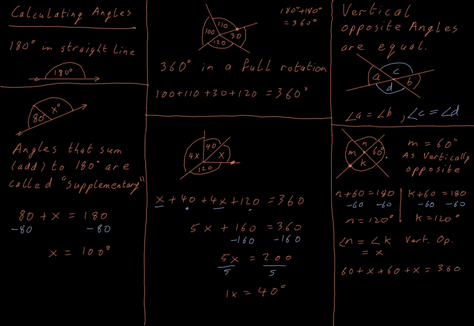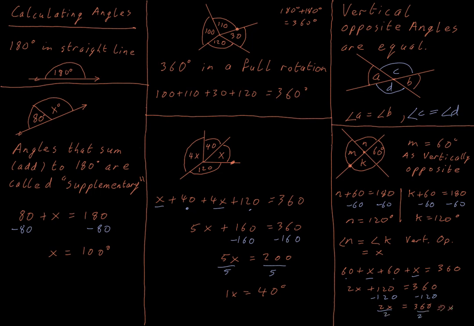So we add up our like terms, and we get 2x plus 120 is equal to 360. We subtract 120 from both sides to get the x's by themselves. So x's on the left and numbers on the right. We get 240. Divide by 2.